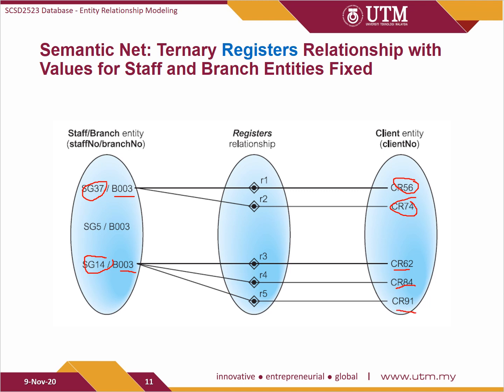However, staff number SG5 at branch number B003 here registers no clients. So, we can say that when the staff number and branch number values are fixed, the corresponding client number values are 0 or many.